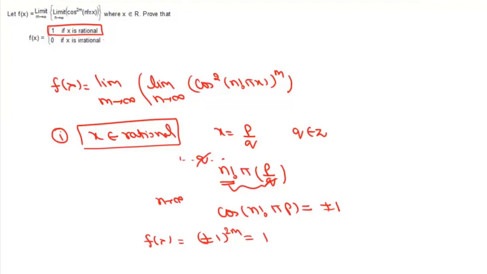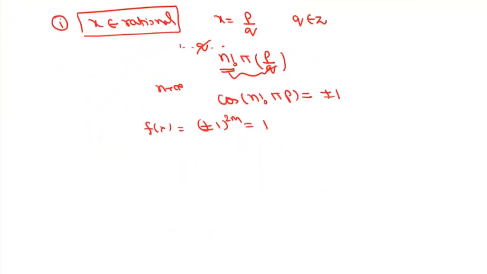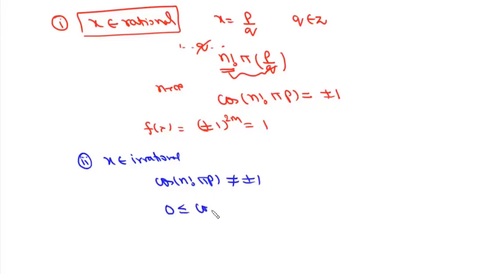Now if x is irrational, in that case, this cos of n factorial pi x cannot be plus or minus 1. That means the value of cos square of n factorial pi x will lie between 0 and 1.